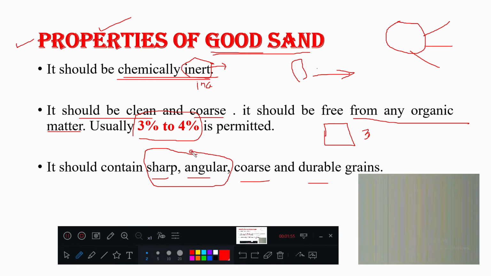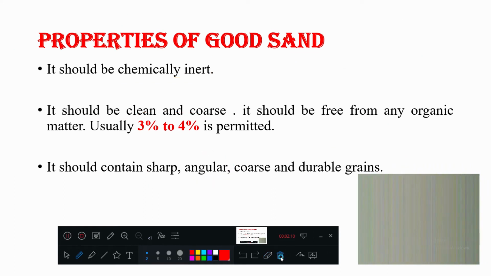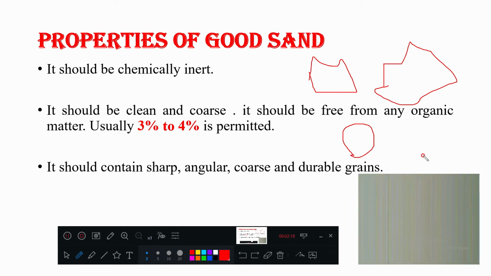Okay, this is one. Sharp and angular depends upon the usage. For plastering work, the particles should be smooth and rounded. One thing I'm just telling, in detail you are going to understand later. If a particle is very sharp, what is the advantage? If a particle is very smooth, what is the advantage? In both cases we will discuss.